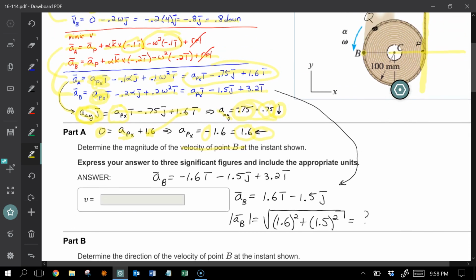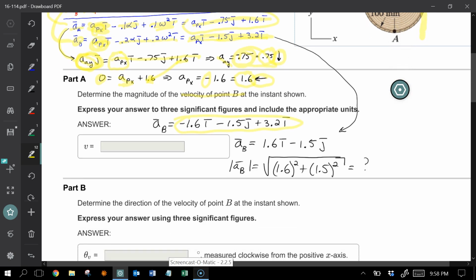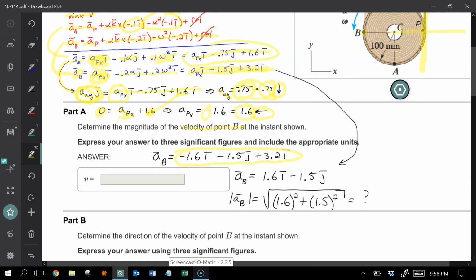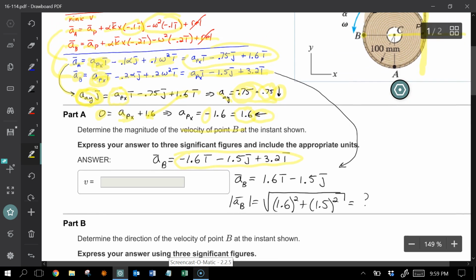Okay, so now I'm going to bring down this next equation, AB equals this stuff here. Brings it down here, and then I just massage it around a little bit. You plug in, well, actually, the APX. You know the APX is a negative 1.6.